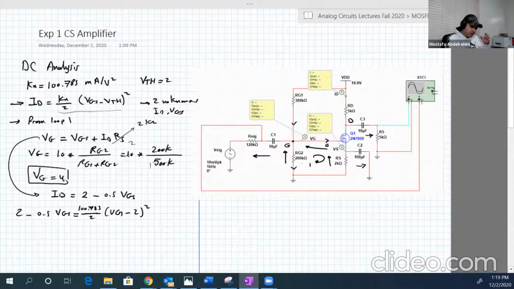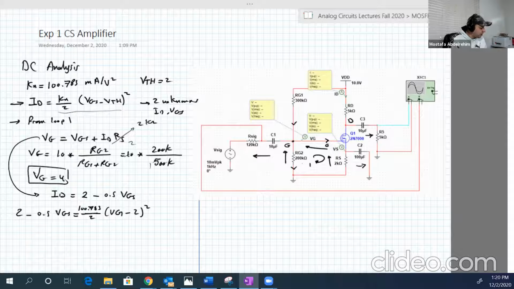Whenever you have an equation with current in milli, usually the Kn should also be in milli, and the resistances are in kilos here. So don't worry about the milli as long as your resistances are in kilo ohms.